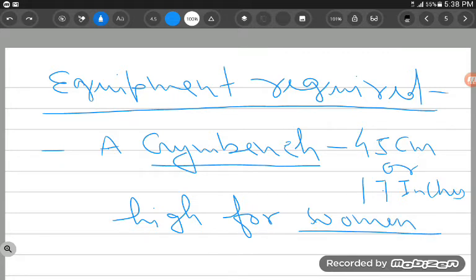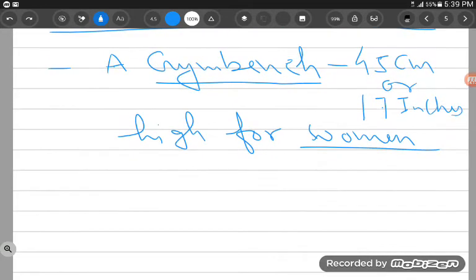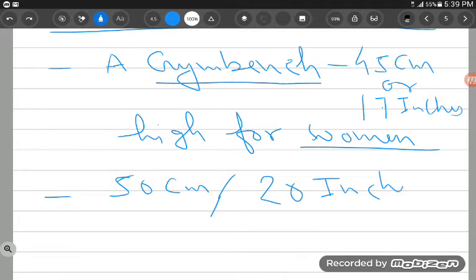This test is prepared to check cardiovascular fitness. So for women, it should be somewhat lower than for males, and for males, 50 centimeters or 20 inches high.